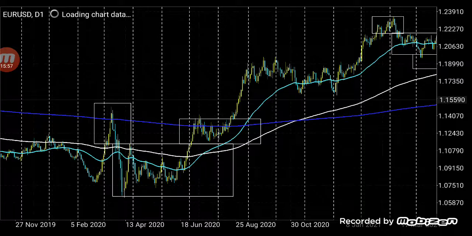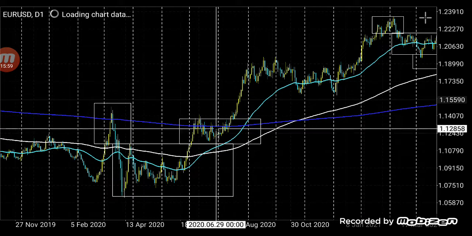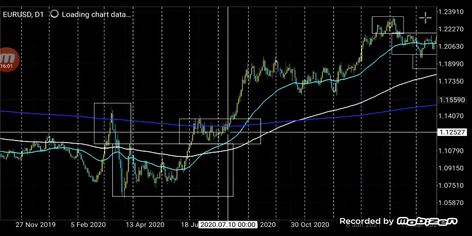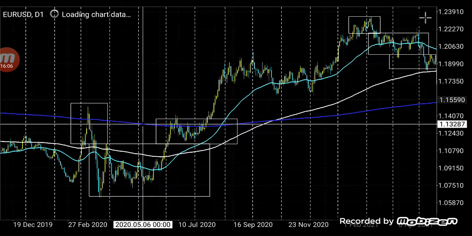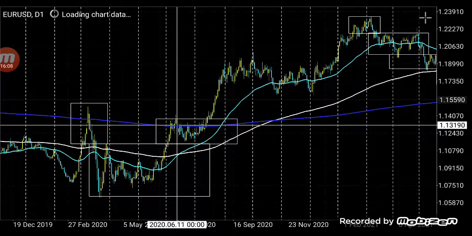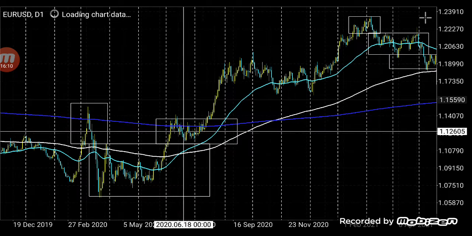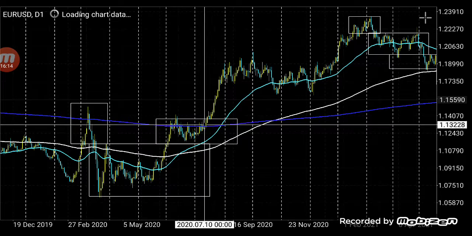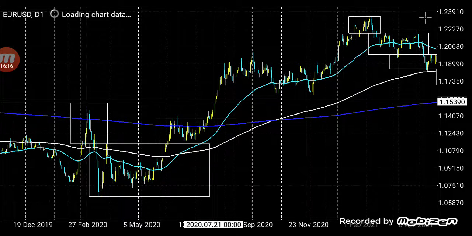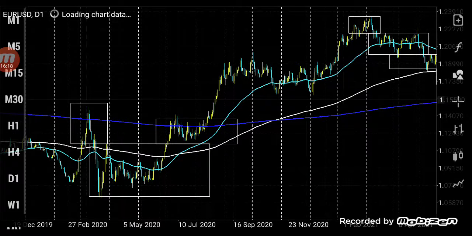If the dealer consolidates for days and days and days, then it could be a level itself. But if he just consolidates for a few days, like 4 days, and then shifts, then that's not really considered a level. But if it's consolidating for days and days for like a month, then it's a level. Feel me? That's level 1.